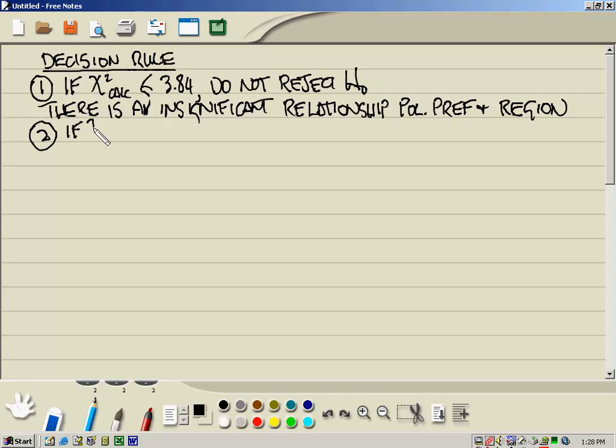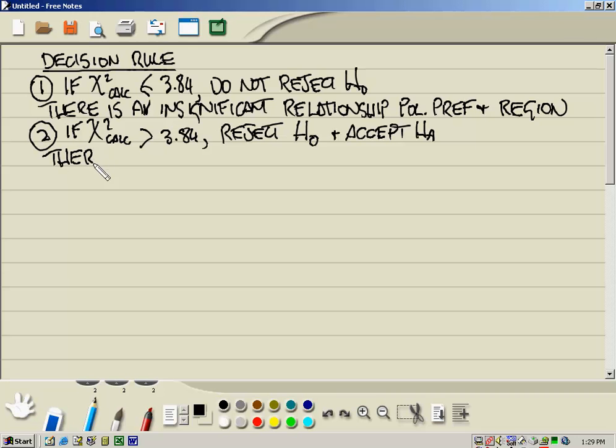Alternatively, if the calculated value of chi-squared is in the rejection region, greater than 3.84, there's too much difference between the observed and expected to be just normal sampling error, and there'd be no relationship, so we'll reject the null and accept the alternate that there is a relationship, and there's a certain probability of error in making such a statement.